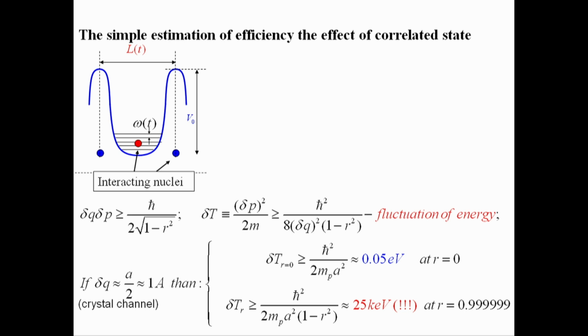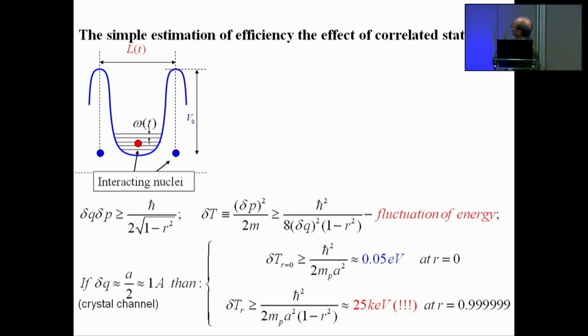Okay. It is a very simple estimation for the efficiency. For example, let's consider a particle situated in a potential well, where the size is the distance between two atoms. If we use the Schrödinger-Robertson relation, we can calculate the fluctuation of kinetic energy.